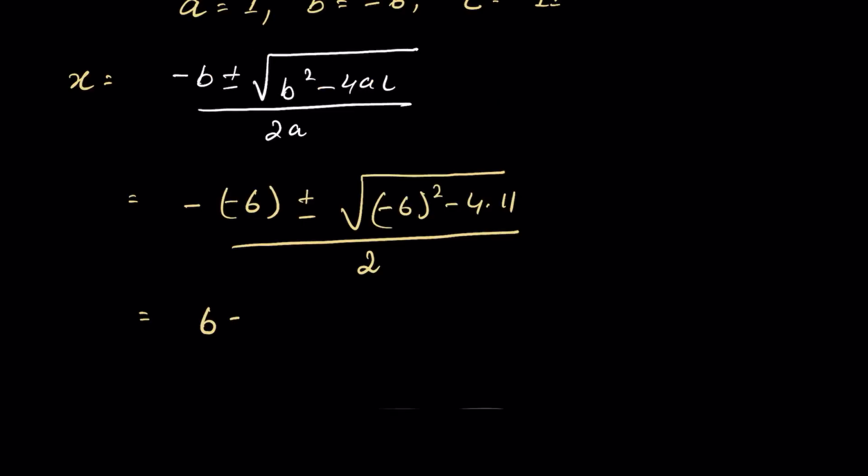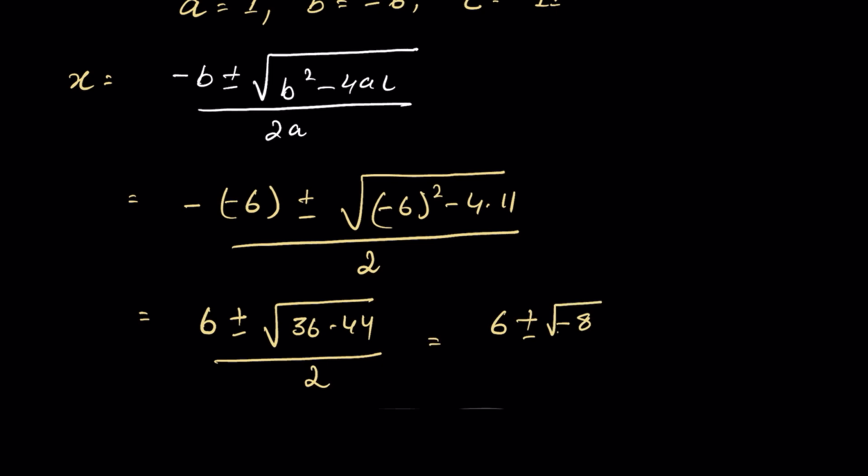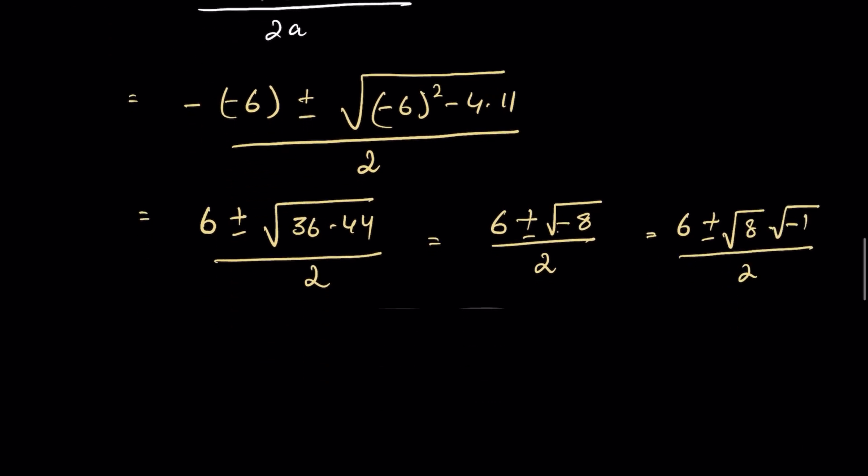So (6 ± √(36 − 44)) upon 2 equals (6 ± √(−8)) upon 2, or we can write it as (6 ± √8 × √−1) upon 2. √−1 is an imaginary number, we write i for it.